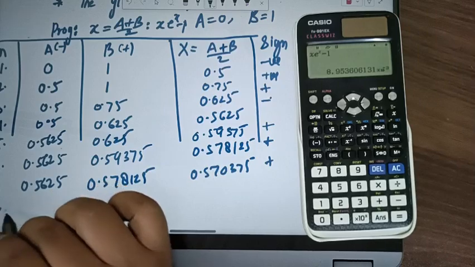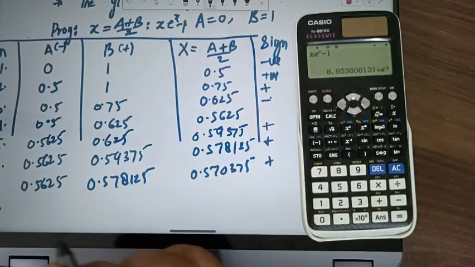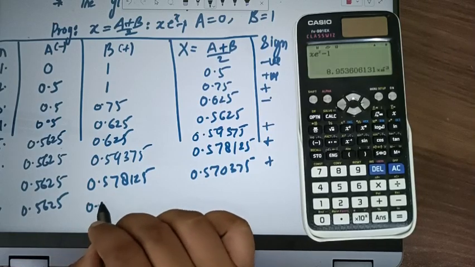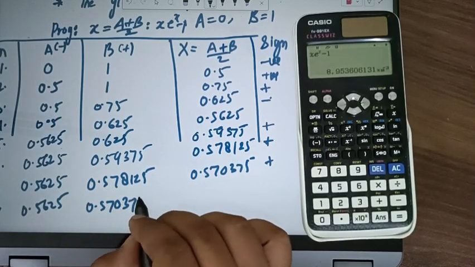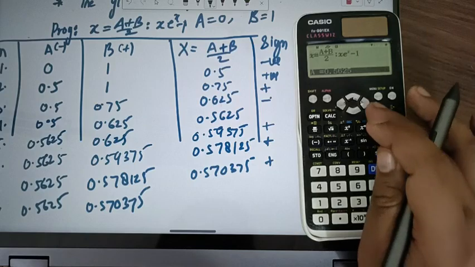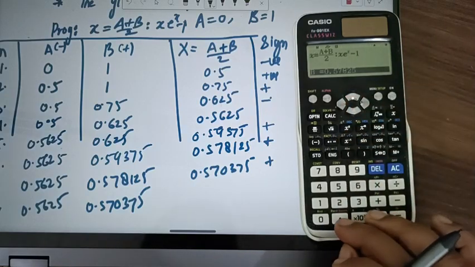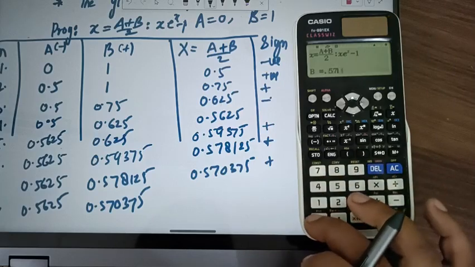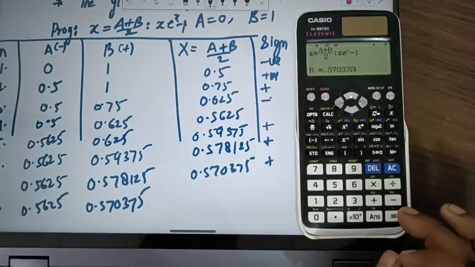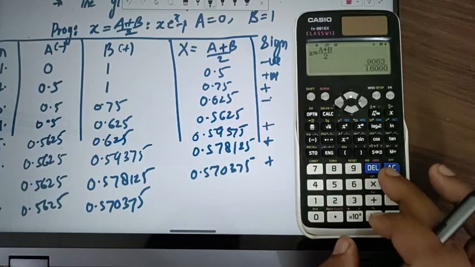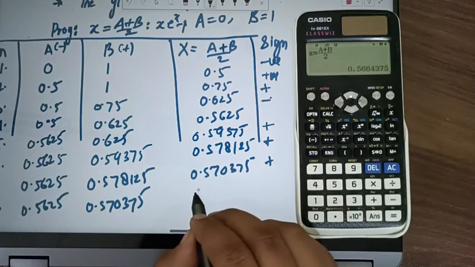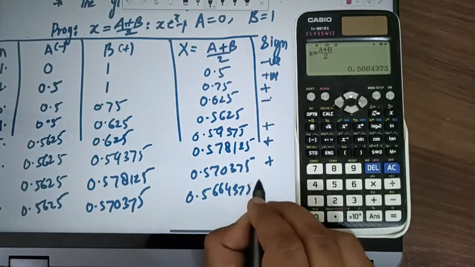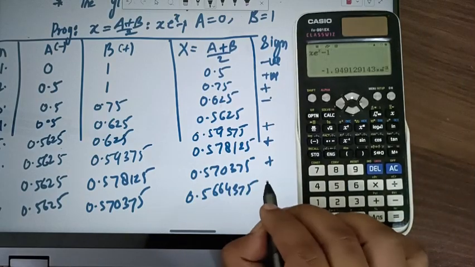Now in the eighth iteration, again change the value of b. 0.5625 is unchanged, and 0.570375 will change, so b becomes 0.570375. Now press equal. The new value of x is 0.564375, then press equal, and the sign is negative.